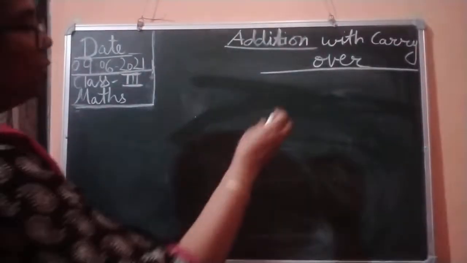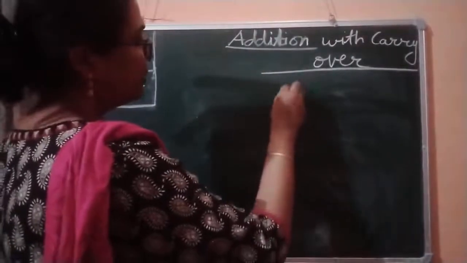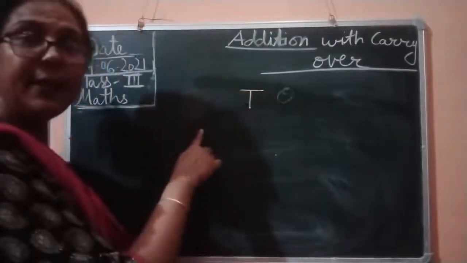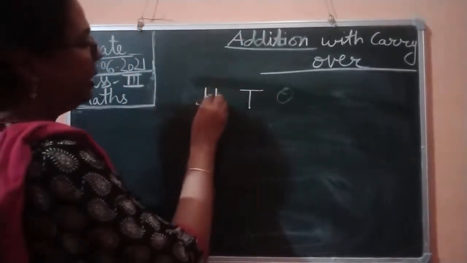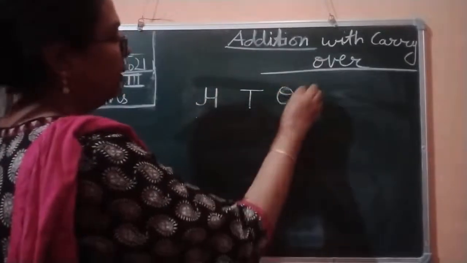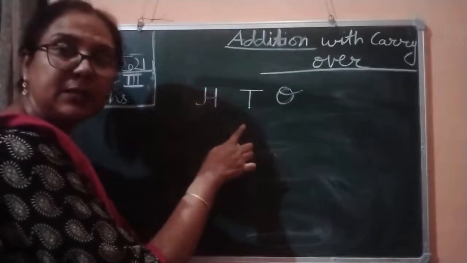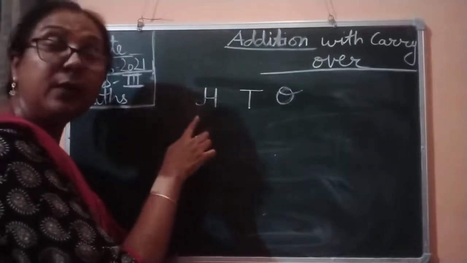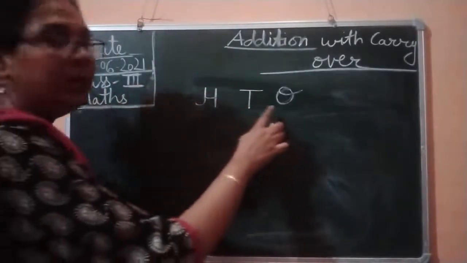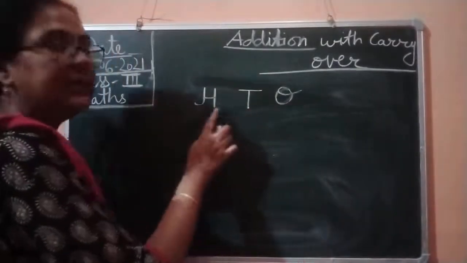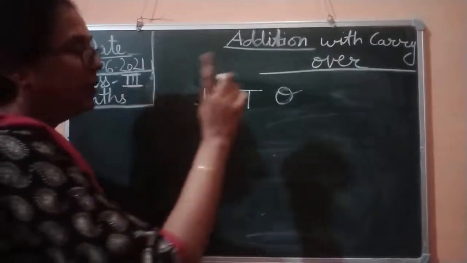Now children, as you all know, our first unit is ones, then tens, then hundreds. O stands for ones, T stands for tens, and H stands for hundreds. Here you can see there are 3 units I have written: ones, tens and hundreds.